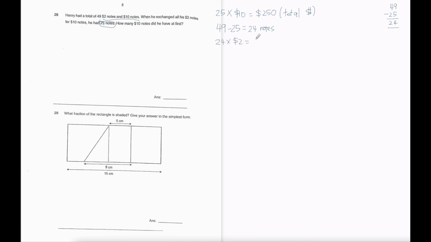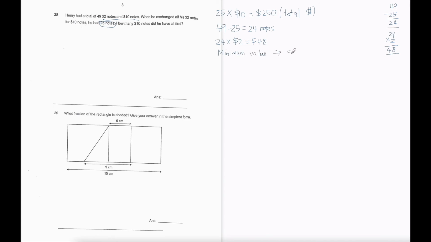So there were at least $48 worth of $2 notes that were changed to $10 notes. Now what is my minimum value of $2 notes?